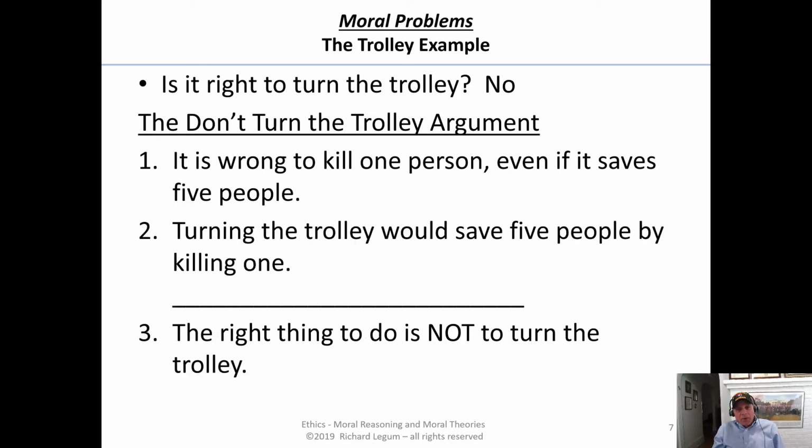Turning the trolley would save 5 people by killing one, therefore the conclusion. So that is the don't turn the trolley argument, which expresses a really good reason for the people who held the minority opinion.